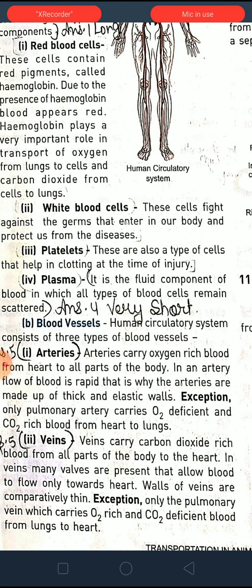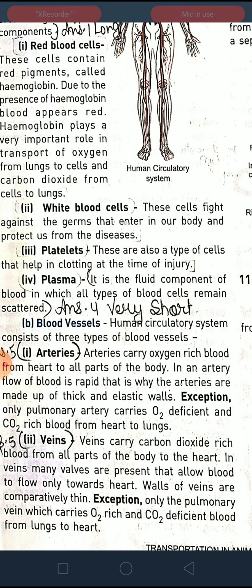That is why artery walls are very thick but also elastic. And this blood is oxygen rich blood.